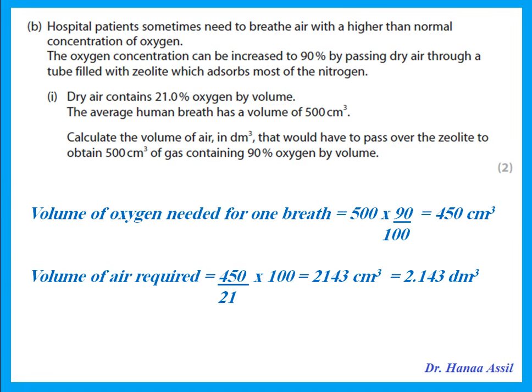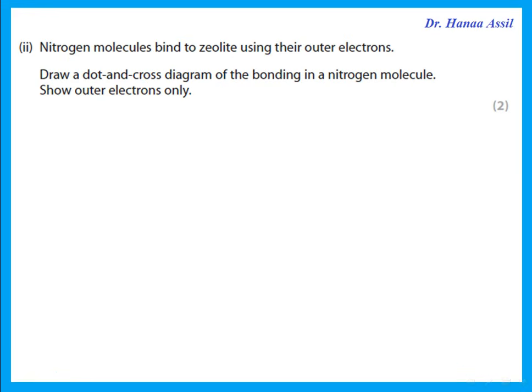So how much air in general will I need? The air has 21%, and I want 450. So this will be 2,143 centimeter cubed of air required. He wants it in decimeter cubed, so please divide by 1,000.